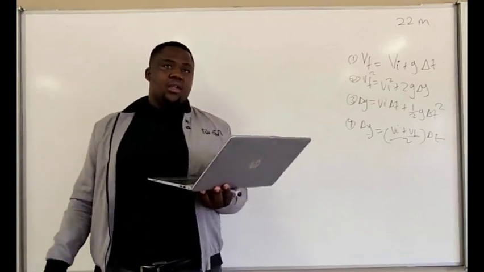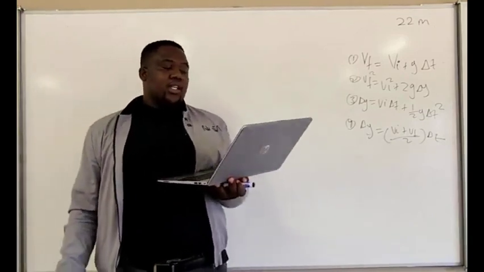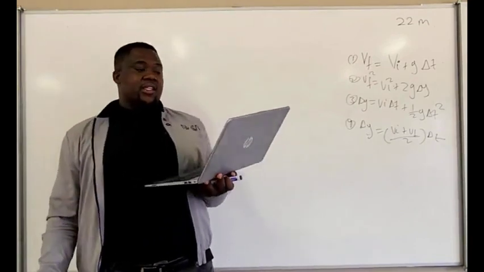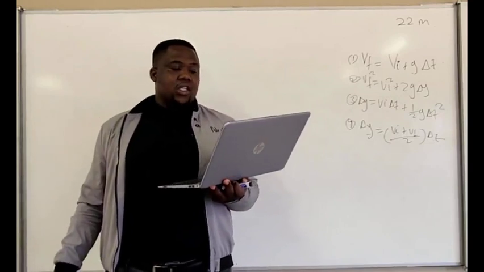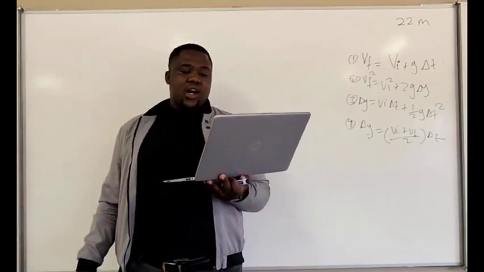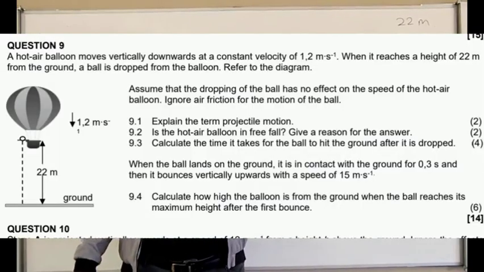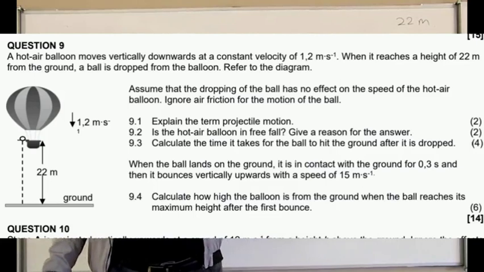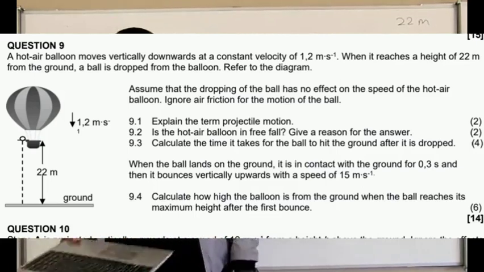So we heard that the ball was dropped from a hot air balloon. Here is the statement. It says, when the ball lands on the ground, it is in contact with the ground for 0.3 seconds, and then it bounces vertically up with a speed of 15 meters per second.